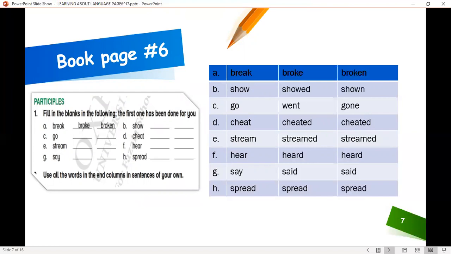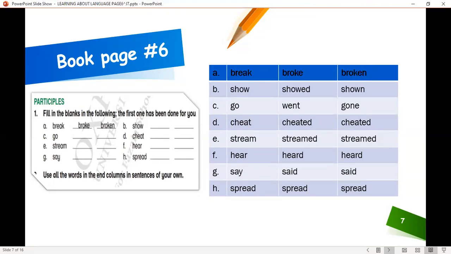Let us look at the verb break. The verb break is the base form of past tense form broke and past participle form broken. The verb show is the base form of past tense form showed and past participle form of the verb shown.